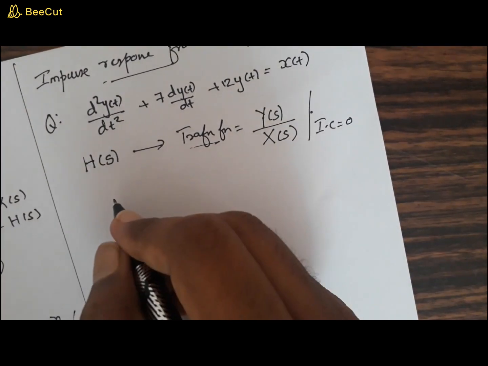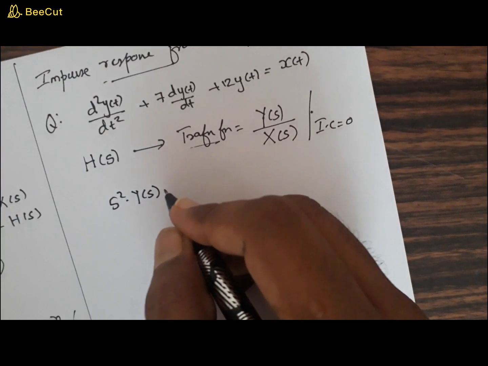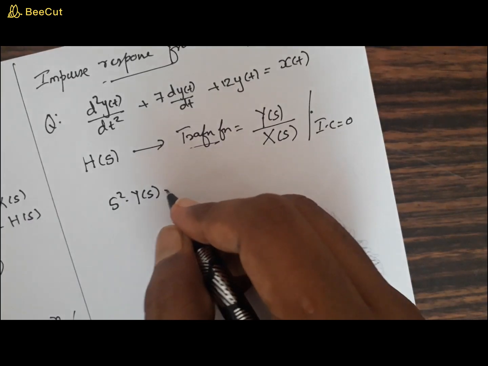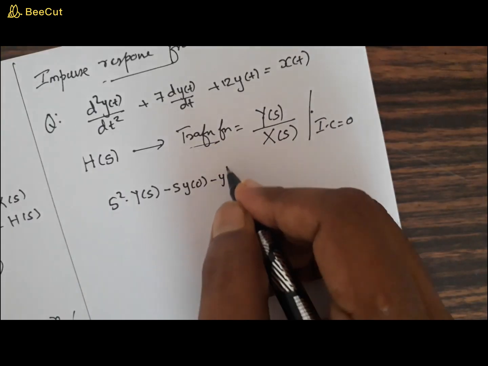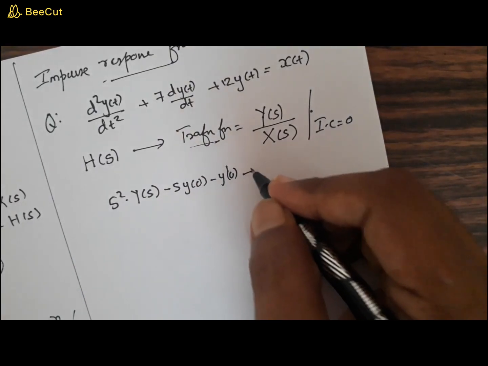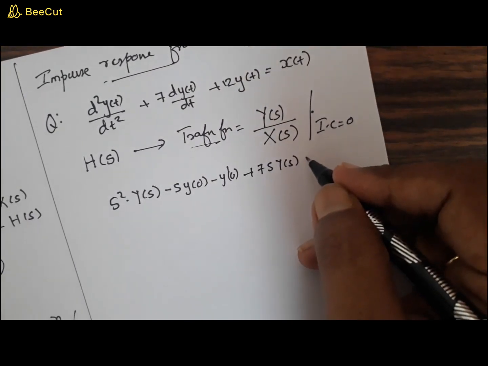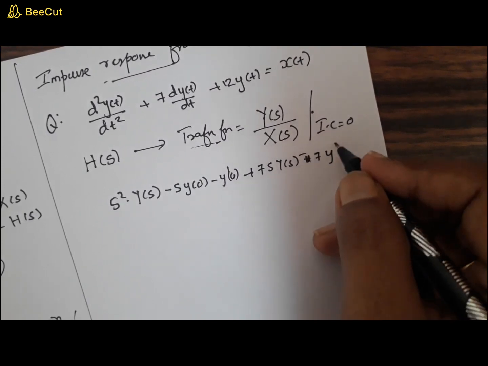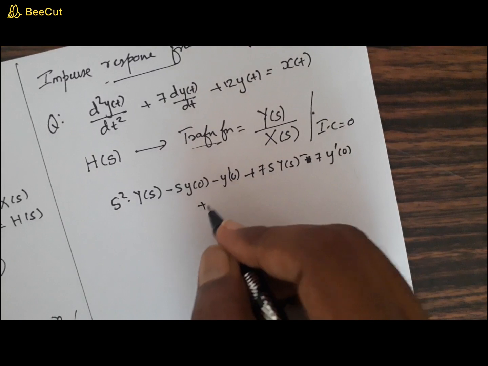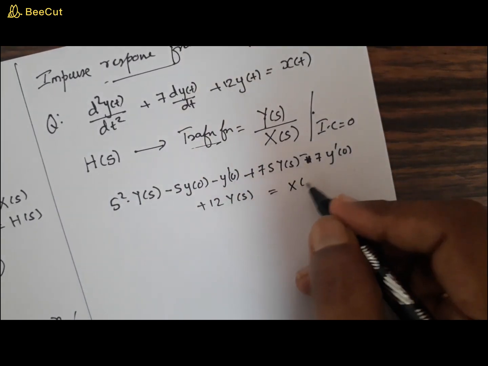Now how to get the impulse response from a differential equation? So this is s square into Y of s. Do you need the rest of the terms? Minus s into y of 0 minus y dash of 0, plus 7 into s into Y of s, minus 7 into y of 0, plus 12 into Y of s is equal to X of s.